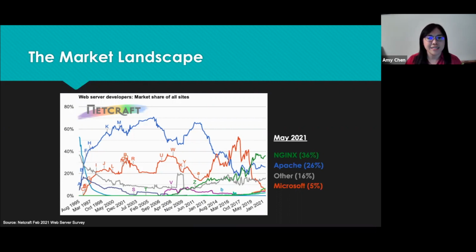Apache is still around, has certainly lost some share, but is still second place. And the other players make up much of the difference. So we're going to deep dive into the Apache and NGINX software.